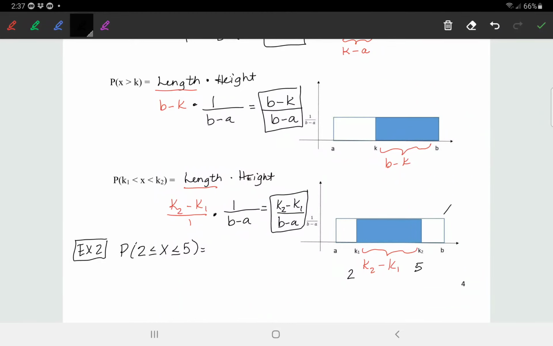We saw that the height of this rectangle in the above example was 1/7. So if we were determining the area in between this, we would take 5 minus 2 and divide that by b minus a, which in our case was 8 minus 1. So this becomes 3 over 7, which is the same thing as 3 times 1/7.